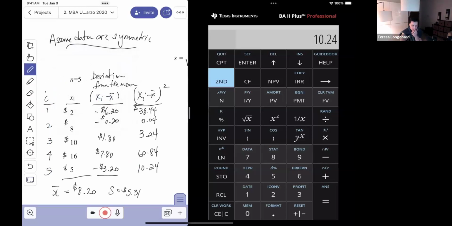So now I'm going to sum those values, and you can use your stat mode in your calculator or just add them together. 38.44 plus 0.04 plus 3.24 plus 60.84 plus 10.24, and you get 112.8. So the sum is 112.8.